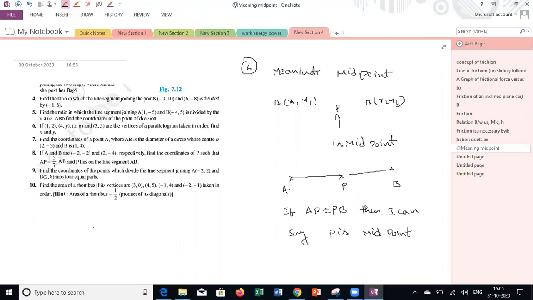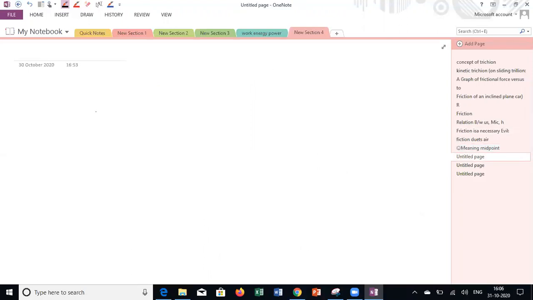Suppose I calculate the ratio of AP by PB. Both are the same, so I get 1:1. So what we understand from here is that the midpoint of a line divides the line in the ratio 1:1.